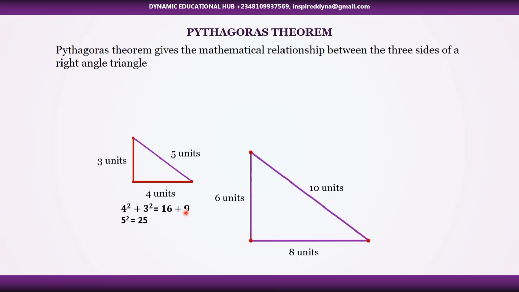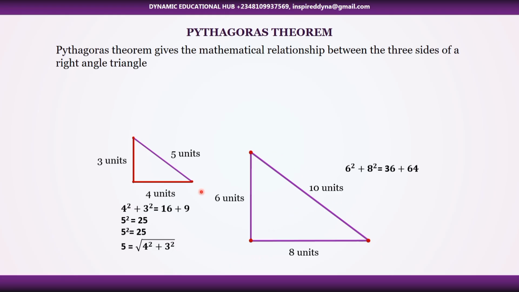It gives us 25. So it means that 4 square plus 3 square will give us 5 square. This side square plus this side square will give us this side square. So 5 square is equal to 25, and 5 will now be equivalent to the square root of this side square plus this side square. And what is 4 square plus 3 square? We all know that it's 25.